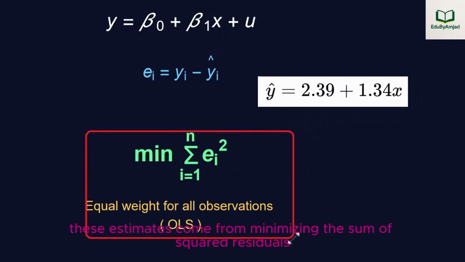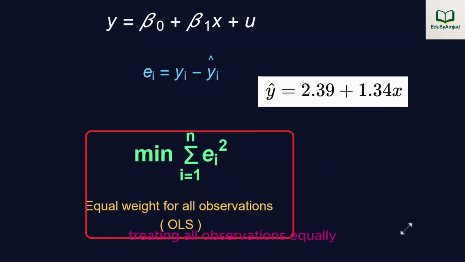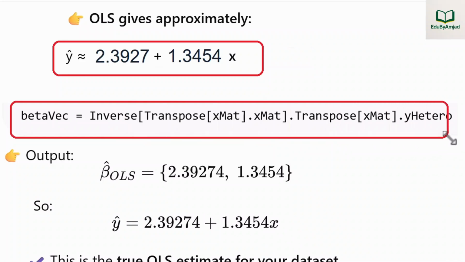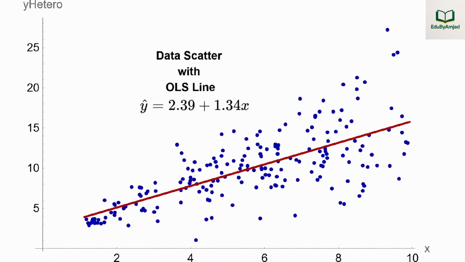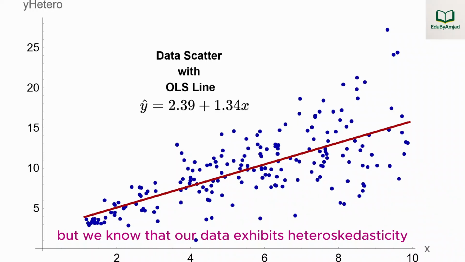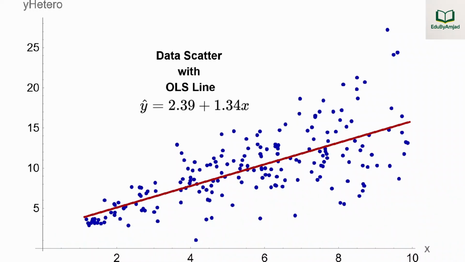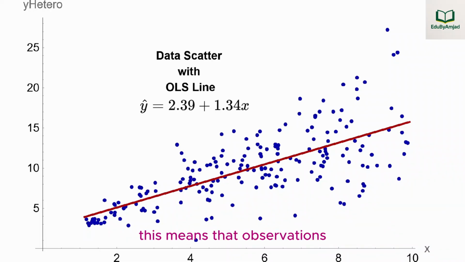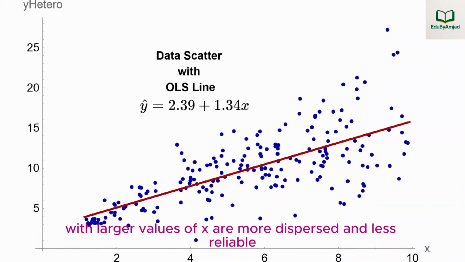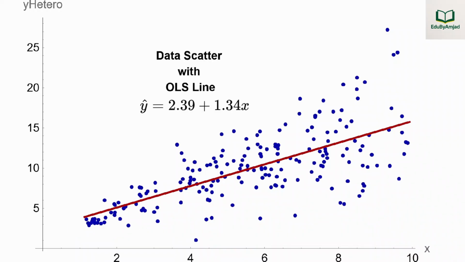These estimates come from minimizing the sum of squared residuals, treating all observations equally. But we know that our data exhibits heteroskedasticity. In particular, the variance of the error term increases with x. This means that observations with larger values of x are more dispersed and less reliable.